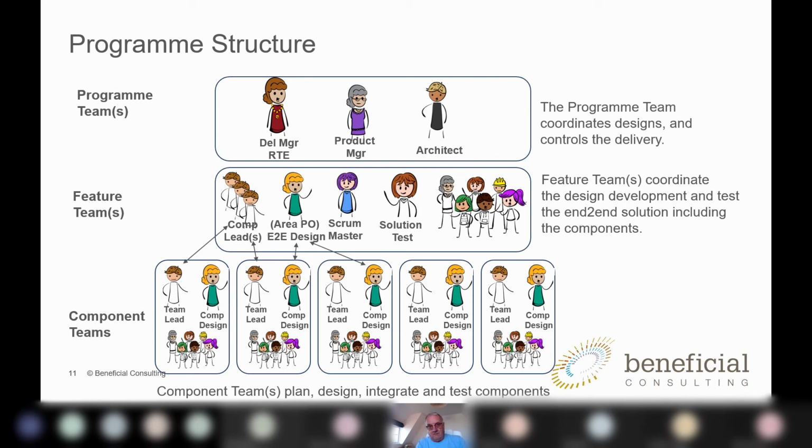And you need to think about whether they are all located in the same time zone. If they're all located in the same building, if they're located in different buildings, then your design might need to change. If they're located in different time zones, your design might need to change. If there are commercial relationships between the team members and the component teams and so on, your design might need to change.